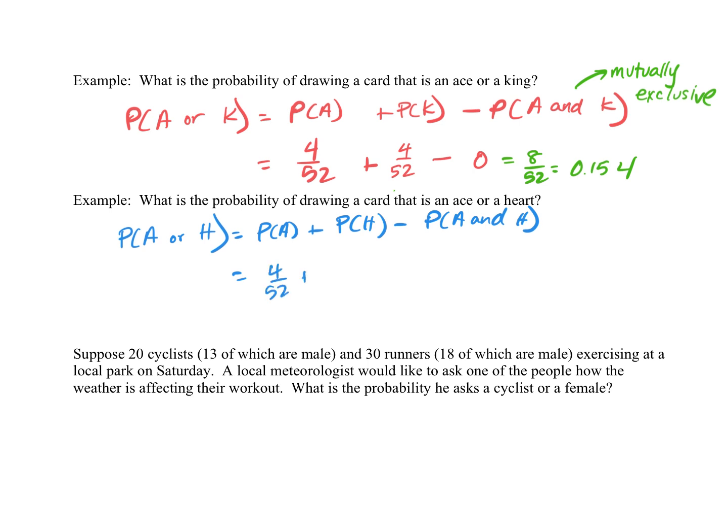What's the probability of getting a heart? 13 out of 52. Minus, are there any cards that are both an ace and a heart? Yes, 1, so we subtract 1 out of 52. My final answer would be 16 out of 52, which is about 0.308. Someone double check me, 0.308?